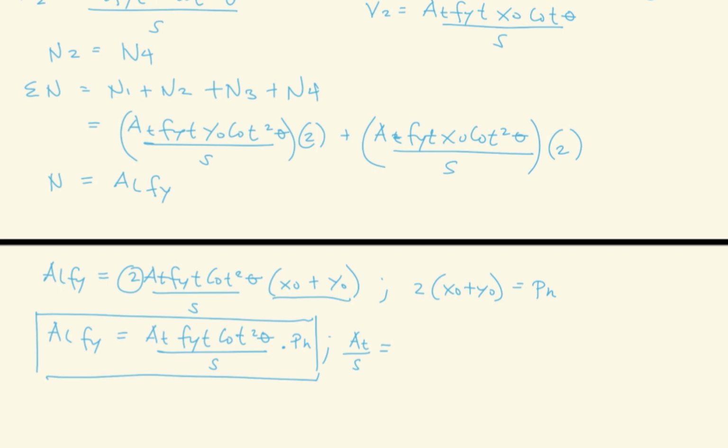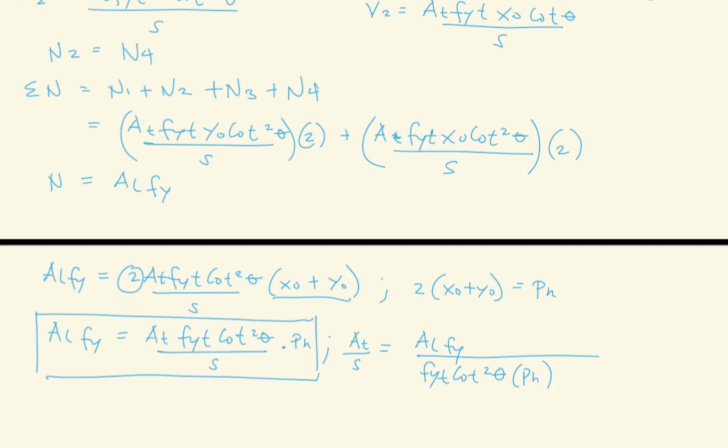So we first expressed At over s in terms of the other variable from this equation. So At over s will be equal to AL fy divided by fyt cotangent squared theta times pH.